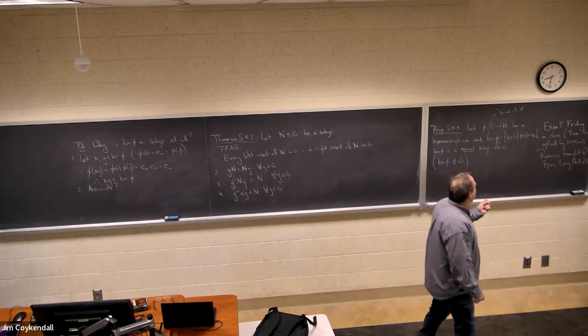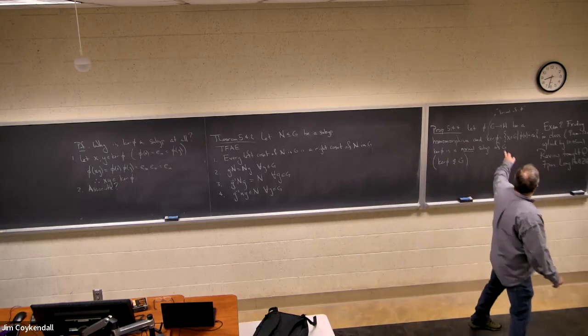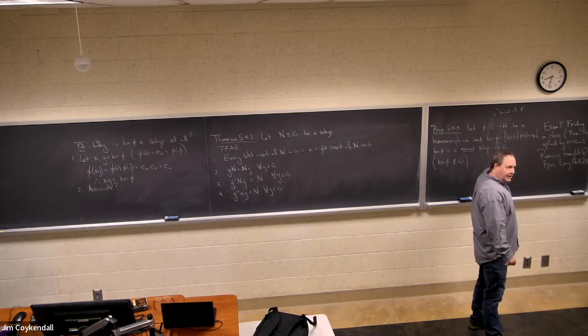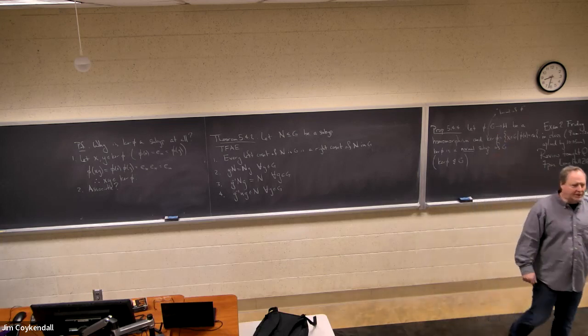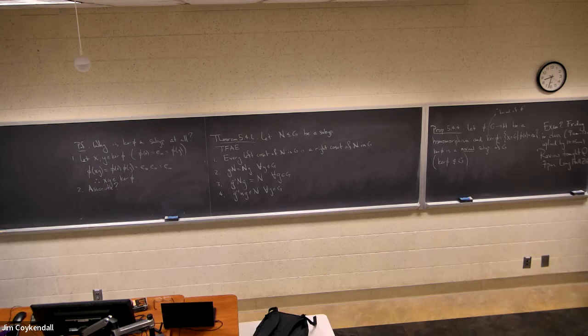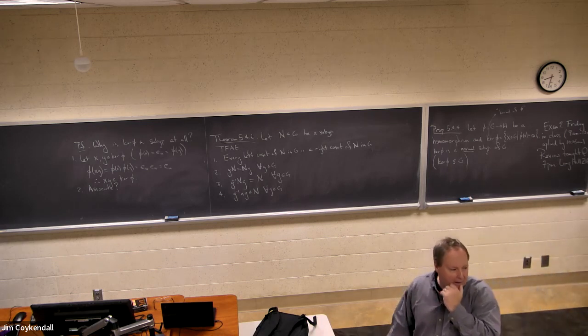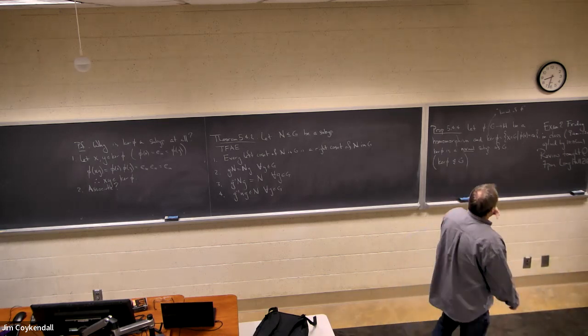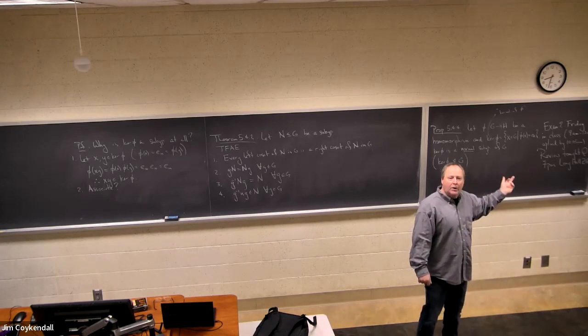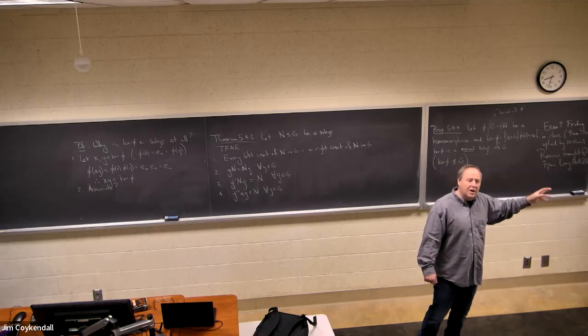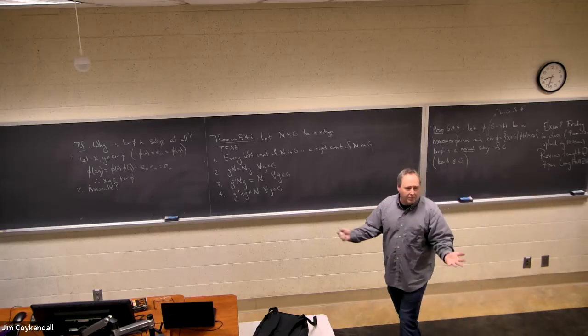Well, that's right, but the problem is there may be more stuff than just the identity in the kernel, right? Where does the kernel fit? The kernel is a subset of something. What's it a subset of? It's a subset of G, and G is a group. So I already know that our multiplication is associative for everything in G. So that includes the stuff down in the kernel, right?